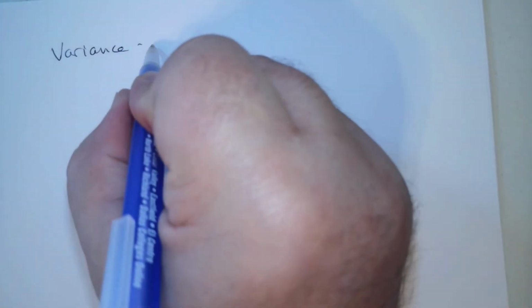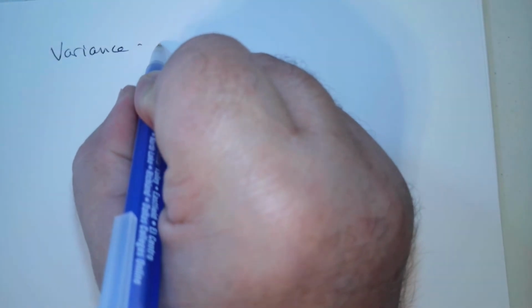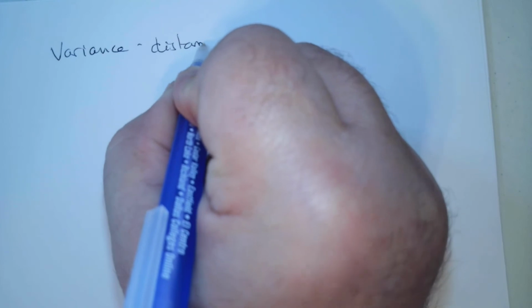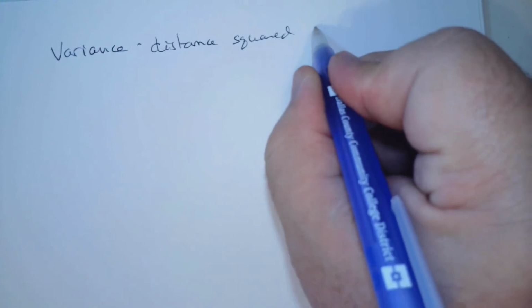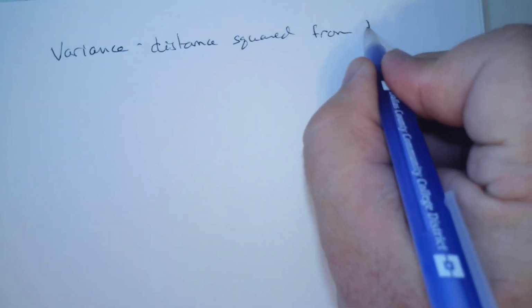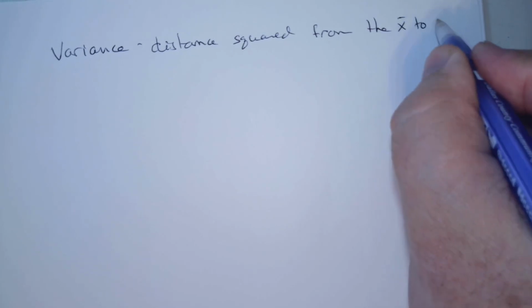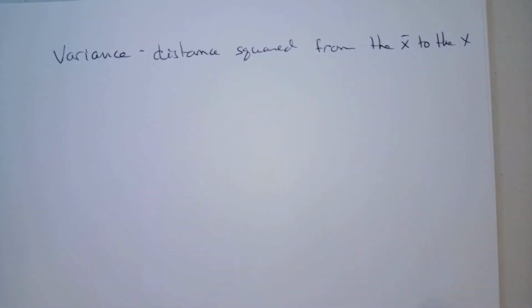All right, next we're going to talk about variance and deviation. Variance is the distance squared from the mean to the data points.